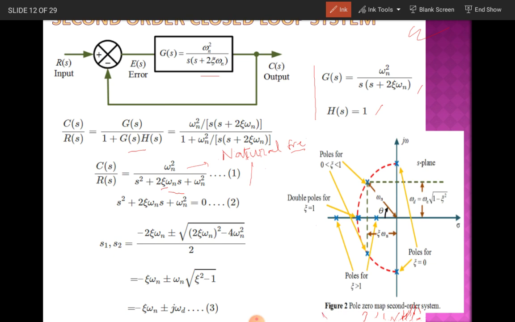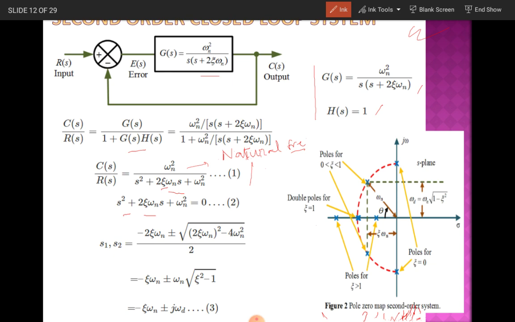These two are constant values for a system. From this, the characteristic equation is s squared + 2 delta omega_n s + omega_n squared = 0. This is the characteristic equation of this second order system.